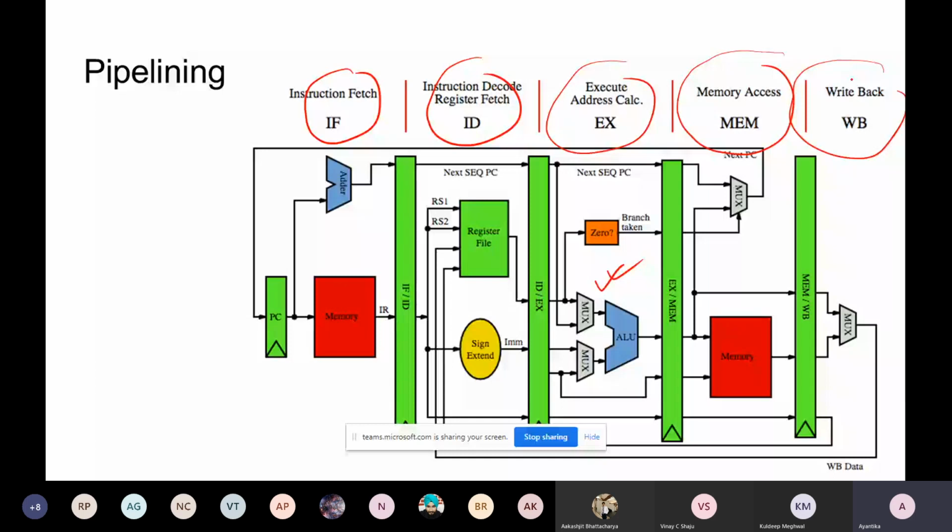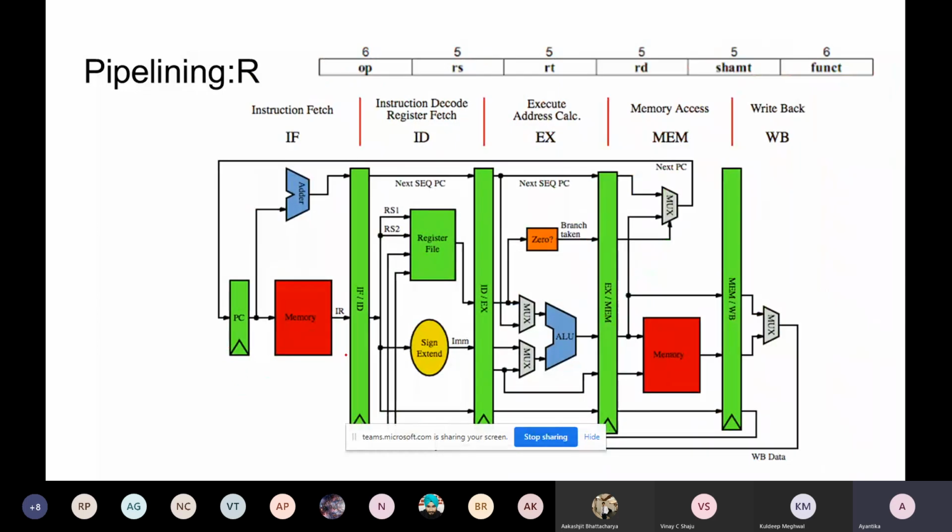Now we will see how these components help us to achieve these stages. Then we will see what pipelining is. Now here, whenever our instruction execution starts, this is our PC, the program counter. So the program counter fetches some instruction from memory. Let's take one example, then we will see different parts of it.